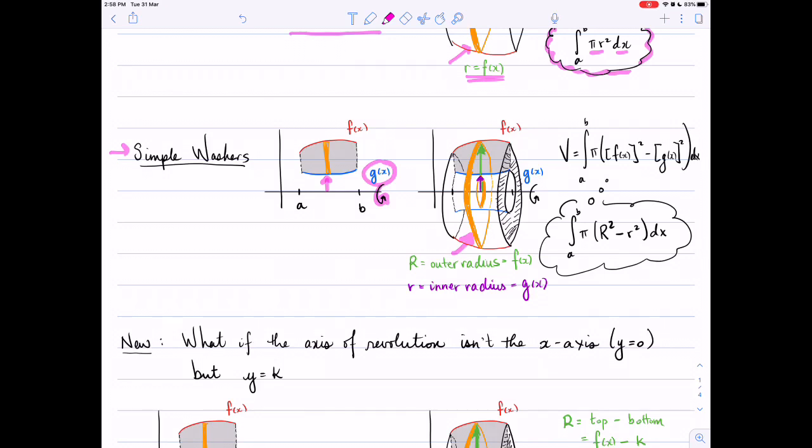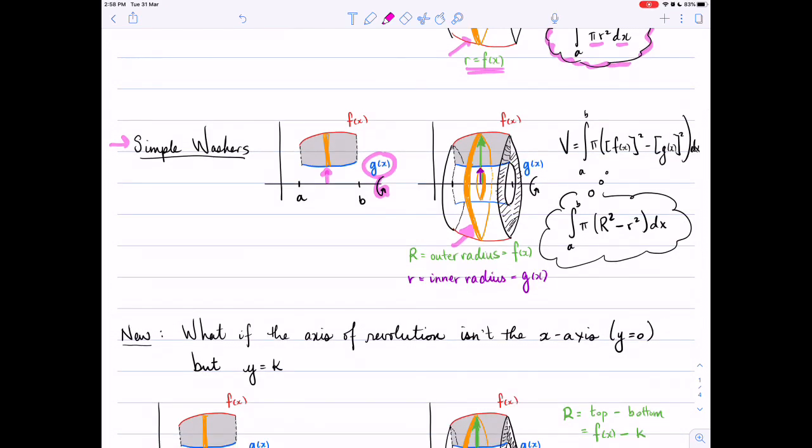The thing about a washer is that there's a hole in the middle, and so you have to subtract out that hole. Instead of pi r squared, you've got pi times big R squared, the outer radius, minus little r squared, the inner radius, dx.